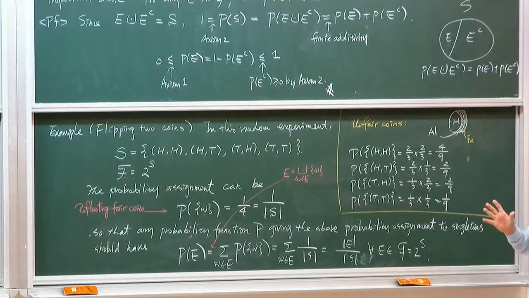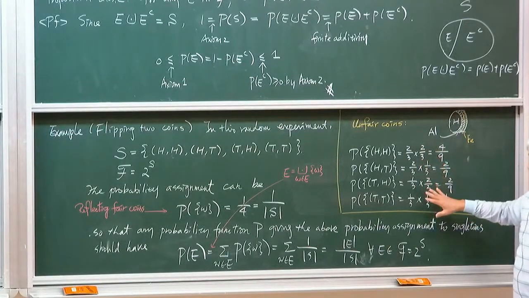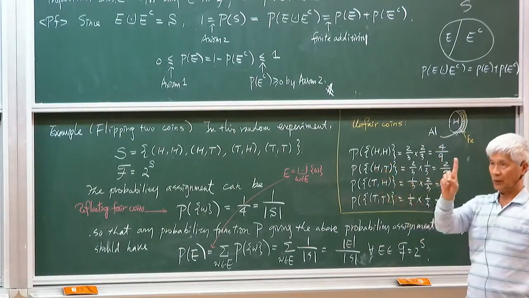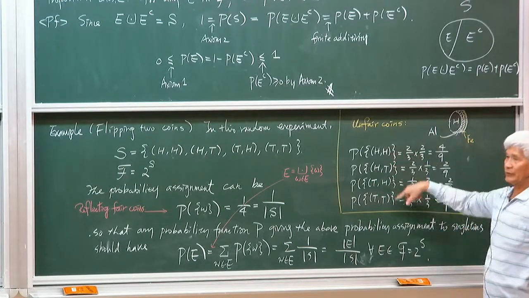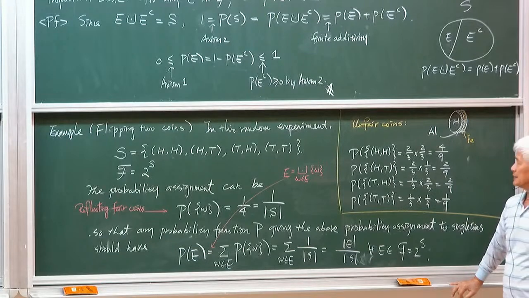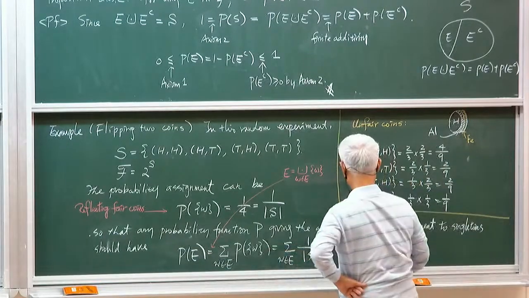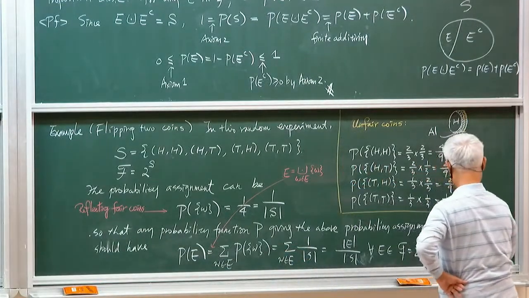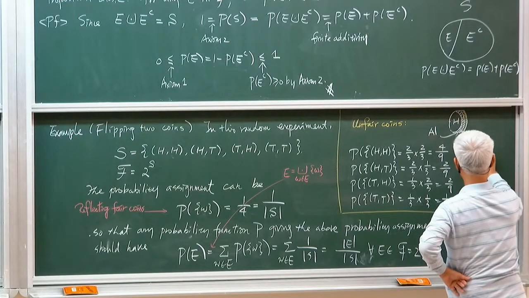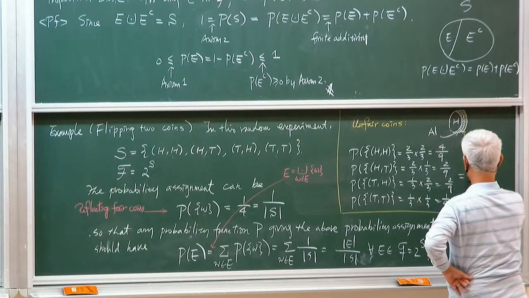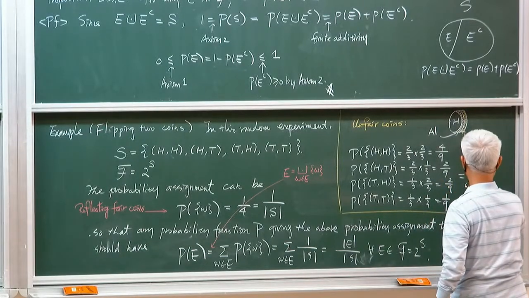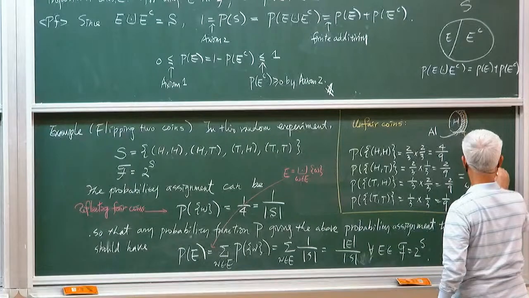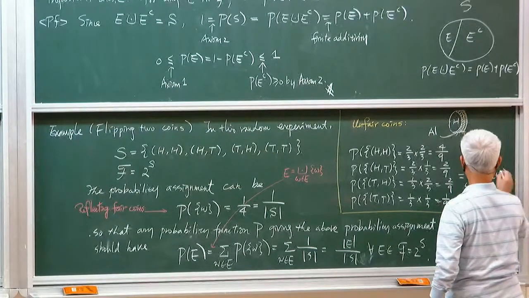And once again, with this assignment, we can show there is one and only one probability function satisfying these 4 assignments. So now the probability of the event becomes this.